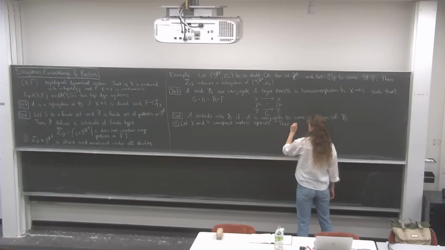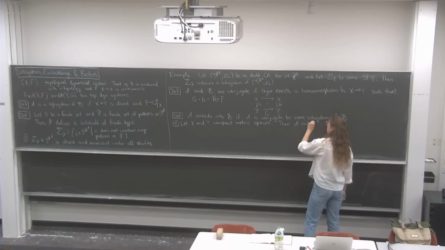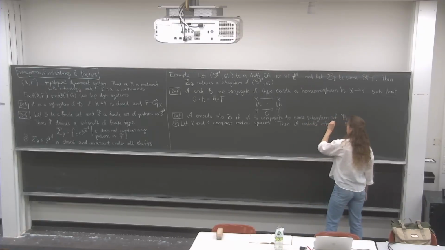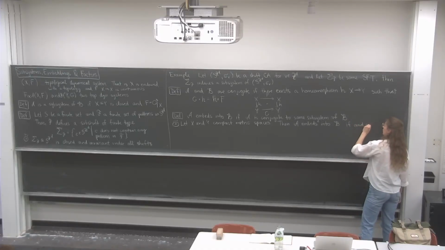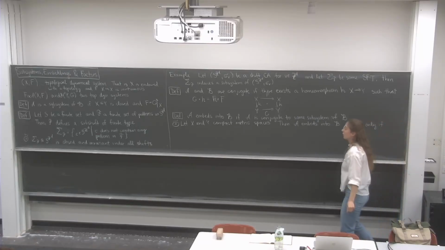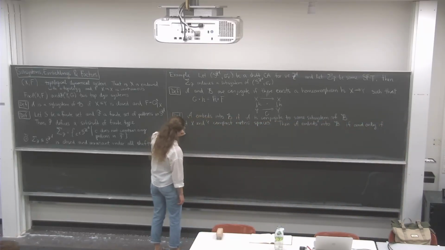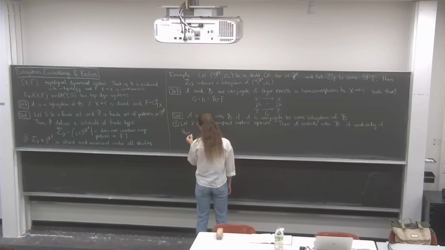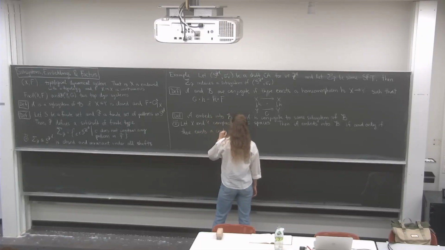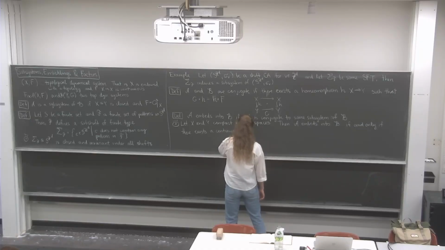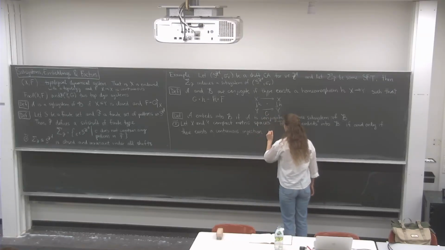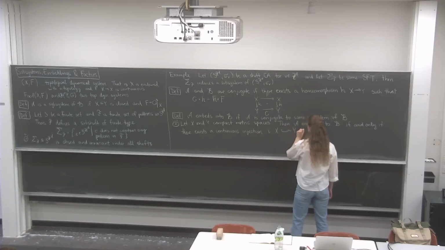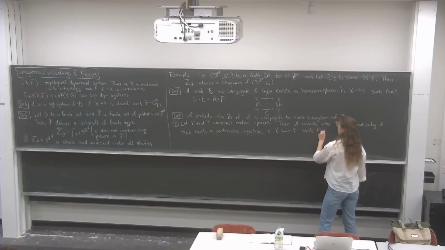Then A embeds into B if and only if there exists a continuous injection iota from X into Y, such that we also have a commuting diagram.